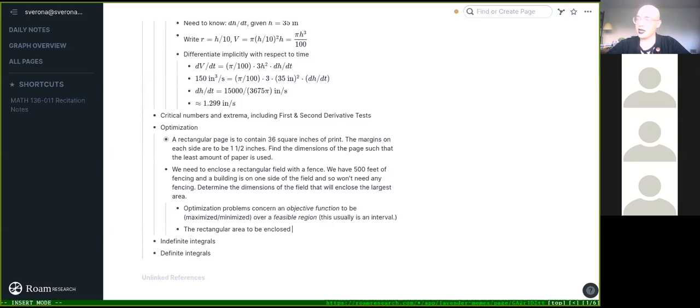So a rectangular area, that's going to have a length and a width. So I need to find the length and the width that give me the most area, right? So let's say area is length times width.